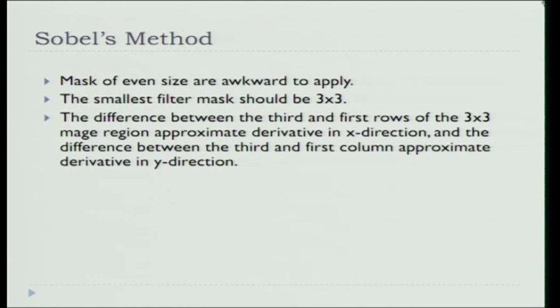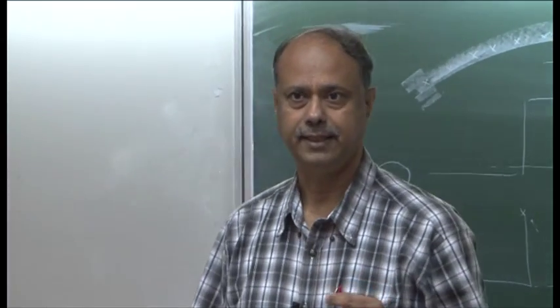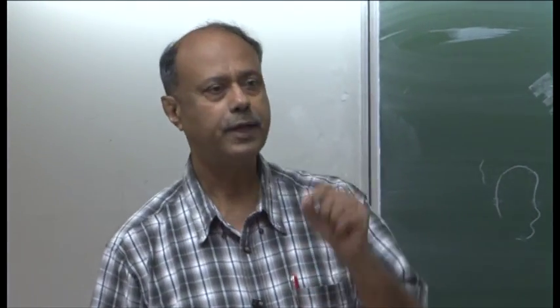Now, the problem here is that it is a 2 cross 2 mask, and it is a very awkward way of estimating whether a pixel is an edge pixel or not. The reason is that there is no center pixel here.